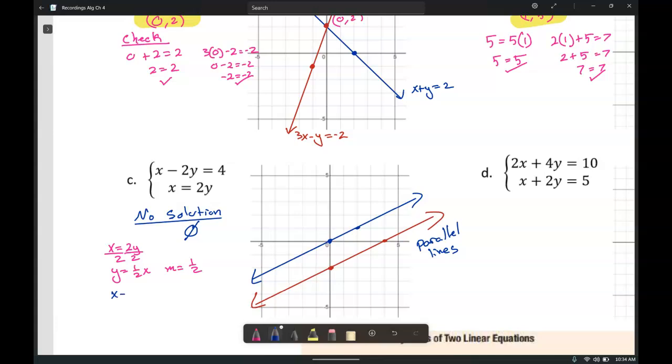And then if we take x minus 2y equals 4, and divide by negative 2, we get y equals 1/2 x minus 2, and we see again that the slope is 1/2. So since the slopes are indeed equal, we know that there is in fact no solution. So we want to be careful. Just because we don't see the lines intersect doesn't mean there's no solution. We do want to verify by confirming that they have the same slope.